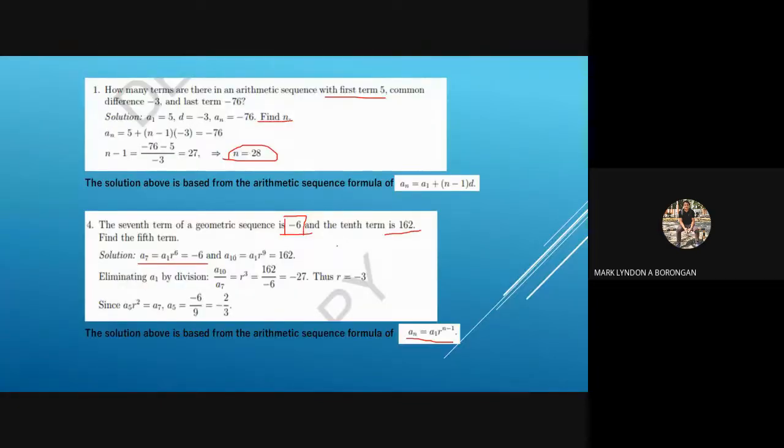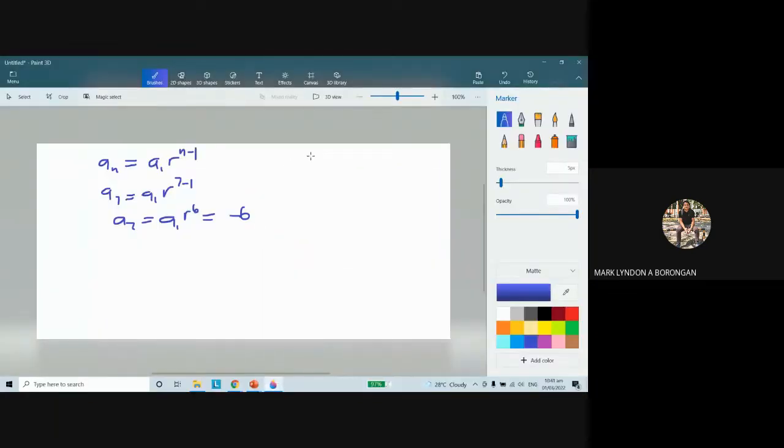Next, we are given the 10th term. The 10th term is a sub 10. We use the same formula. For a sub 10, we have a sub 1 times r, and our n is 10, so 10 minus 1. So a sub 10 is just equal to a sub 1 times r to the power of 9.